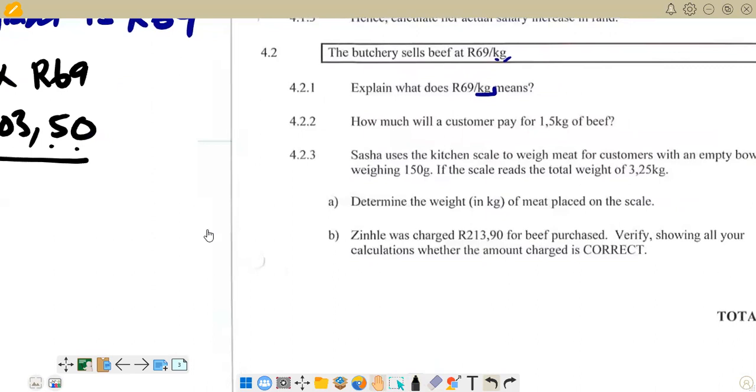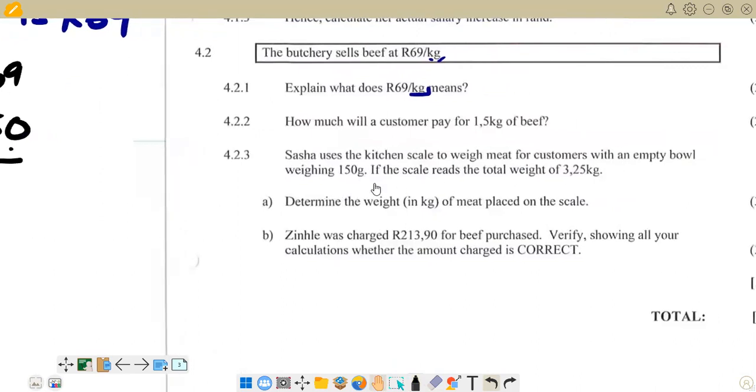4.2.3 now reads, Sasha uses the kitchen scale to weigh meat for customers with an empty barrel weighing 150 grams. So the barrel is one that is weighing 150 grams. Next sentence, if the scale reads the total weight of 3.25 kgs, it means this weight, 3.25, is the meat and the barrel.